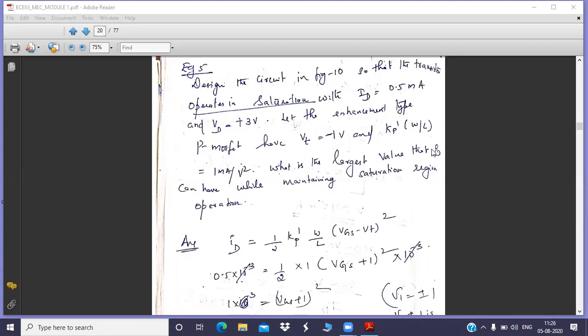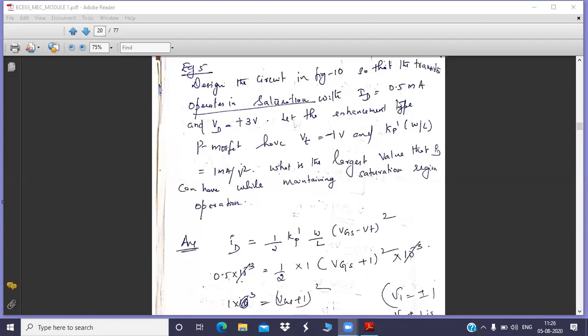You may ask what happens if RD goes beyond this maximum value. If by chance RD goes beyond a particular maximum value, then we can't ensure your MOSFET is always in saturation. It may go to the triode region, and then it cannot be used for the intended applications.